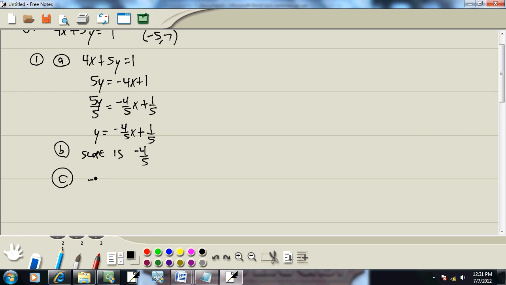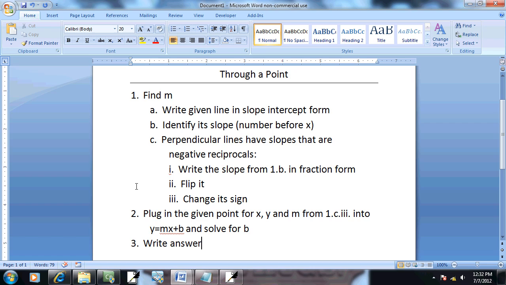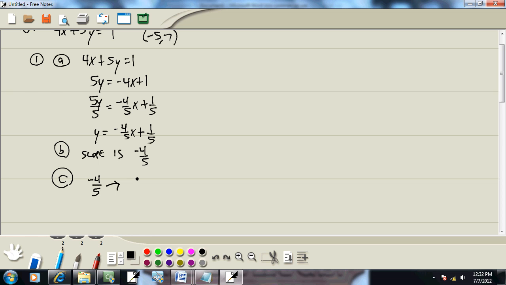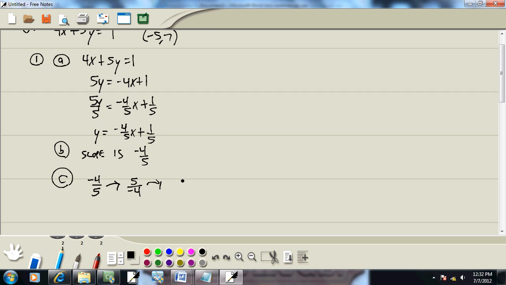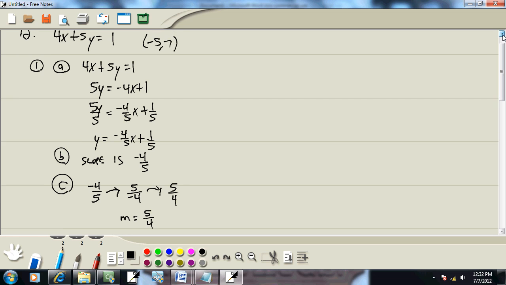Well, the negative 4/5 is already in fraction form, so we don't have to do anything there. If you had like 5, for example, you'd put 5 over 1. Then we flip it, so bottom goes to top, top goes to bottom. It becomes 5 over negative 4. And then we change the sign. This was a negative, so it becomes a positive 5/4. So the m we're trying to find is going to be 5/4.